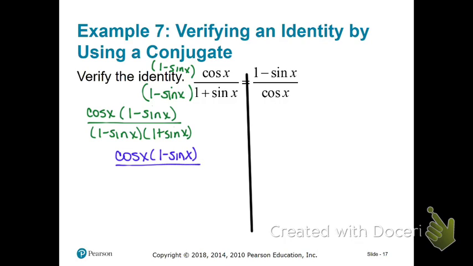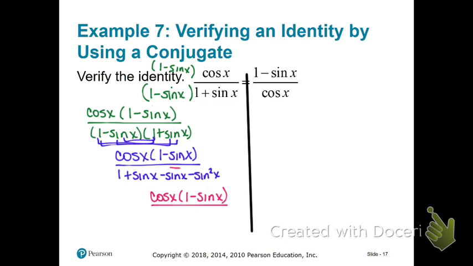Over, and I'm going to do FOIL on the bottom here, or distribute them. So I got 1 plus sine minus sine minus sine squared. So my numerator is going to stay the same. And I'm going to combine like terms on bottom.